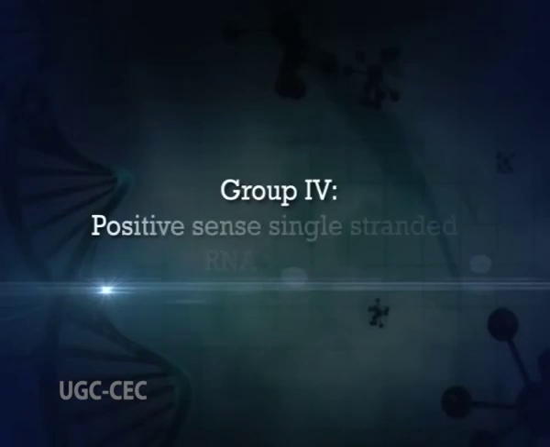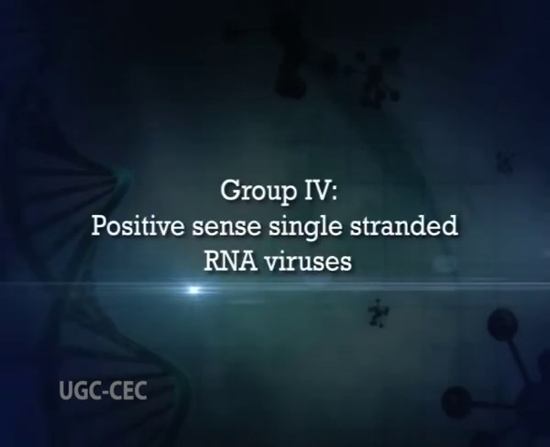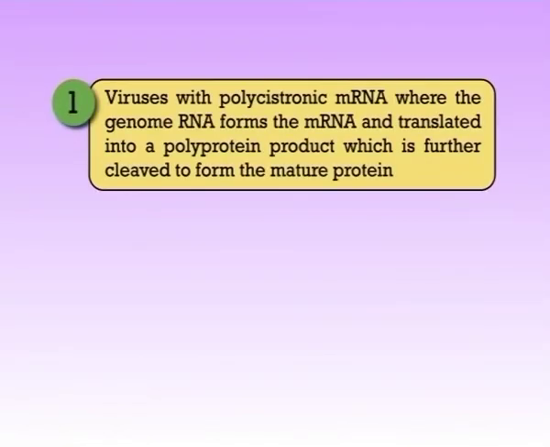Next, we'll see the Group 4 viruses, that is positive sense single-stranded RNA viruses. Group 4 viruses reproduce in the cell cytoplasm, and the viruses in this group are further divided into 2 groups. The first group includes the viruses with polycistronic mRNA, where the genome RNA forms the mRNA and is translated into a polyprotein product, which is further cleaved to form the mature protein.